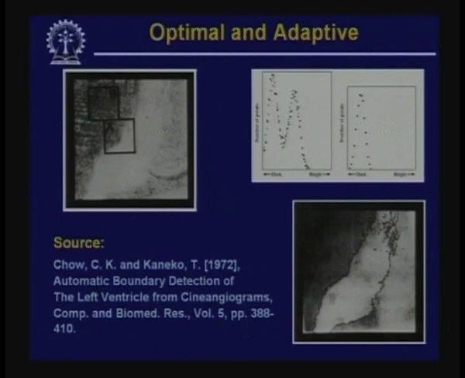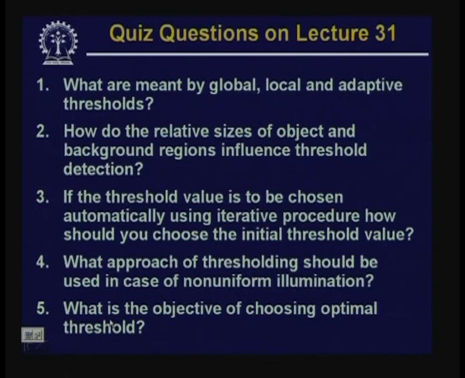So, with this we stop this particular lecture on thresholding operations. Now, let us see some of the quiz questions on today's lecture. The first question is, what is meant by global, local and adaptive thresholds? The second question, how do the relative sizes of object and background regions influence threshold detection?